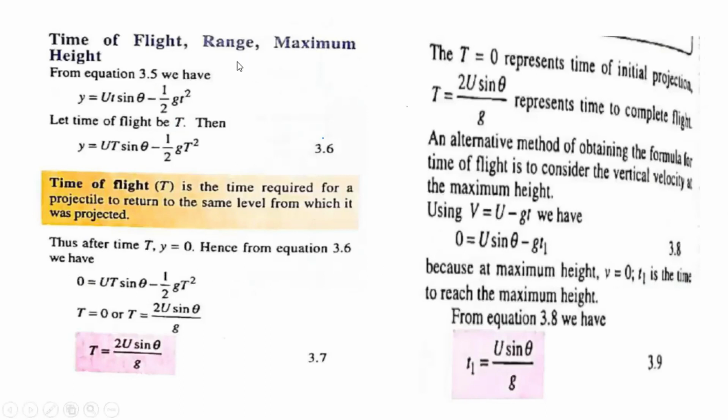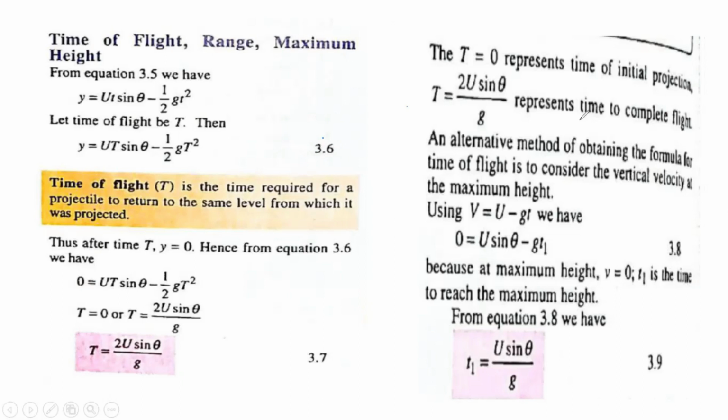Something must happen there. So what actually happened? Okay, fine. So when you look at this, y equals ut. Let me use 10 here.